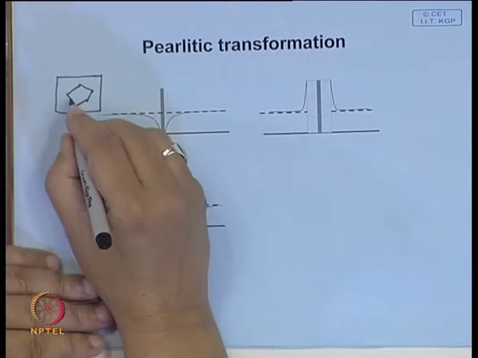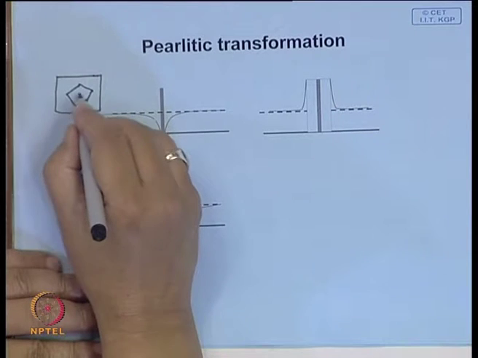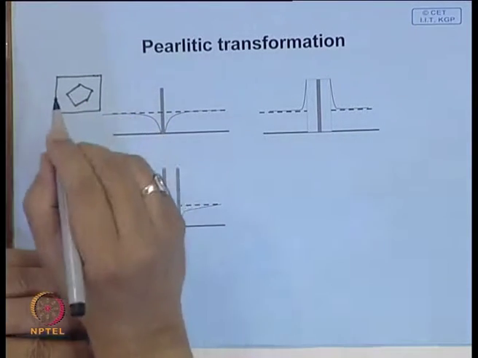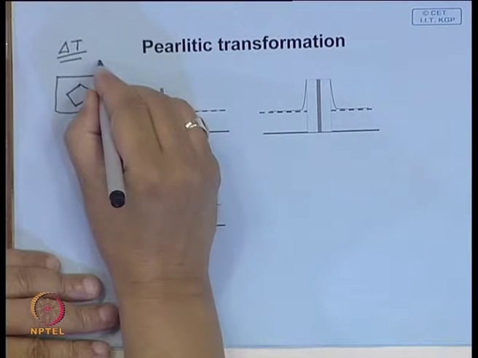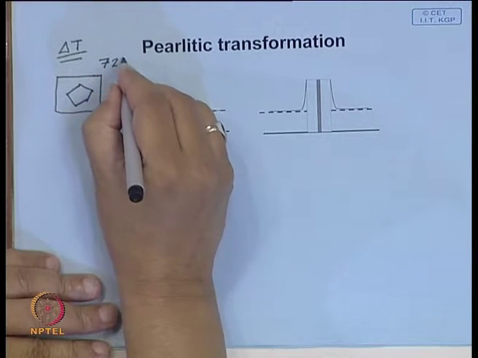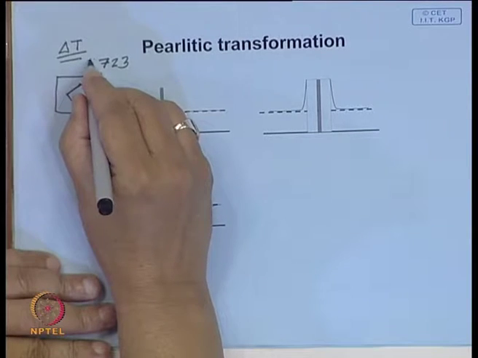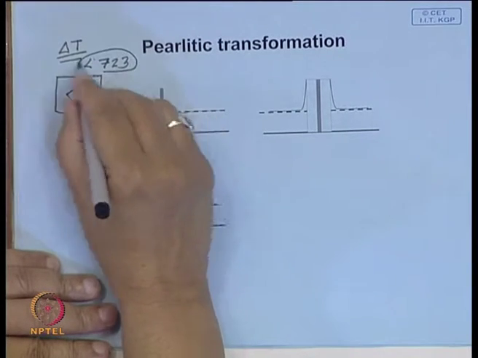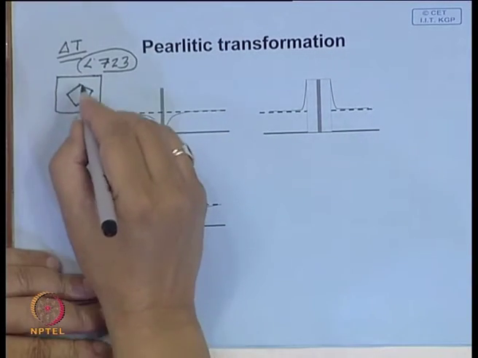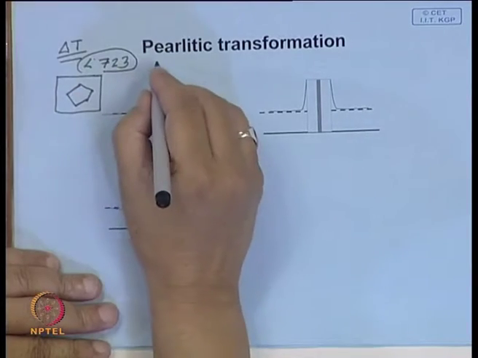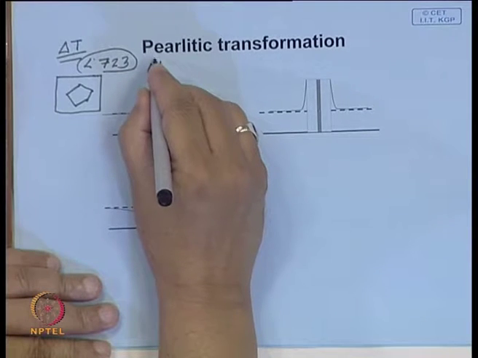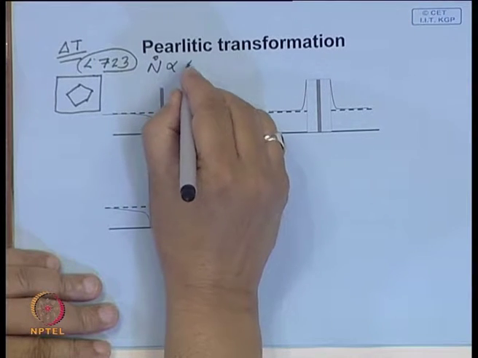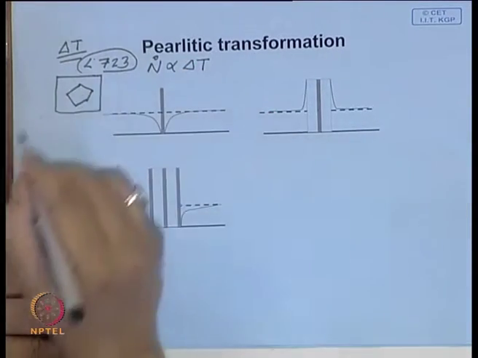Now, for the pearlite to form, you have to give a certain amount of undercooling, that is delta T. So, you have to keep this steel at a temperature lower than 723 degree centigrade. And now, the nucleation rate is proportional to delta T.